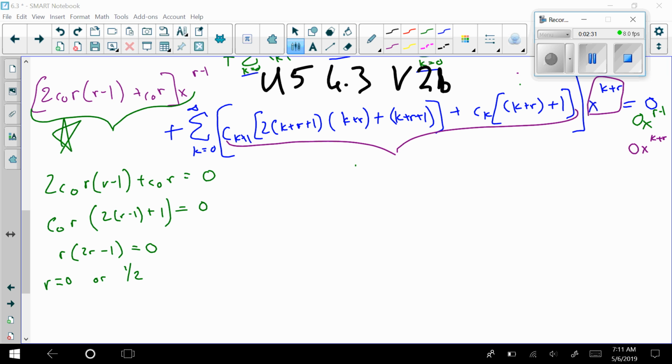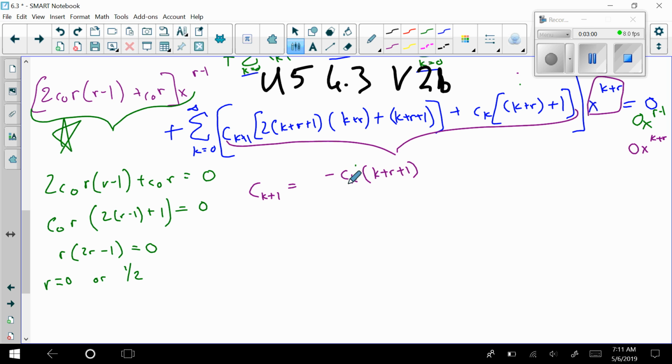Just remember how we wanted to do this before. We want to get the c sub k plus 1 in terms of everything else. So I would first have to move this over, so it'd be a negative c sub k here on top, times k plus r plus 1, because I can just add those.